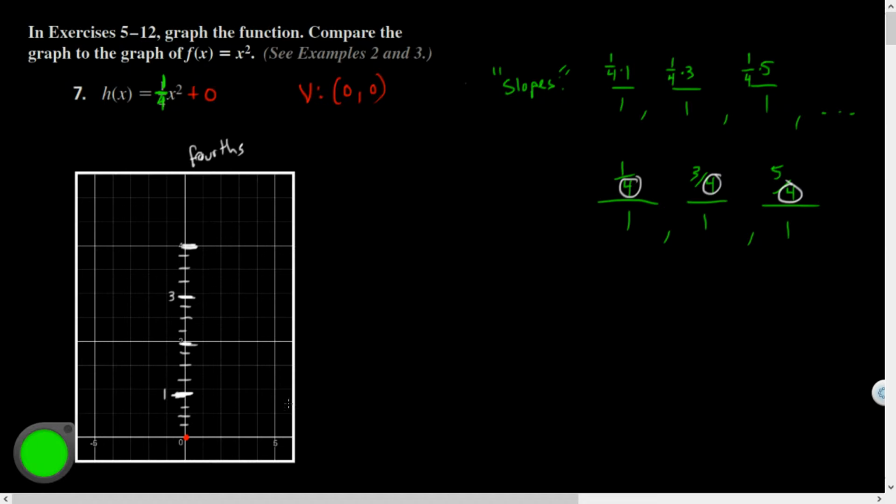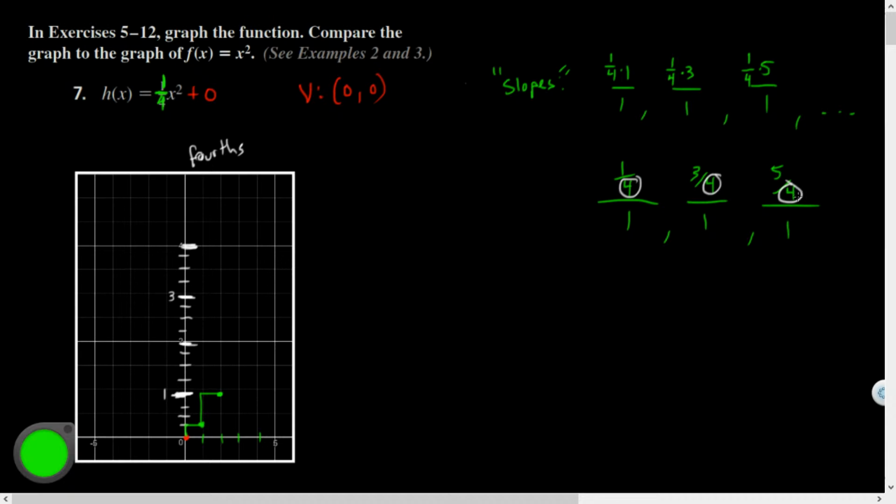My first point is going to be found by going up 1/4 and over 1. Notice my x-axis is still counting normally. Those are all the 1s. So up 1 of these quarter tick marks and over 1. Now I'm going to go up 3 of these quarter tick marks and over 1.